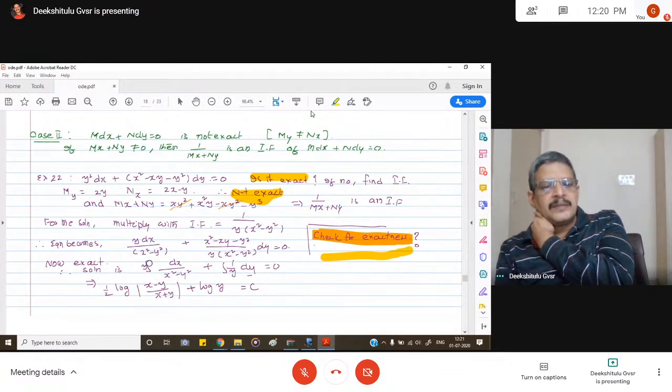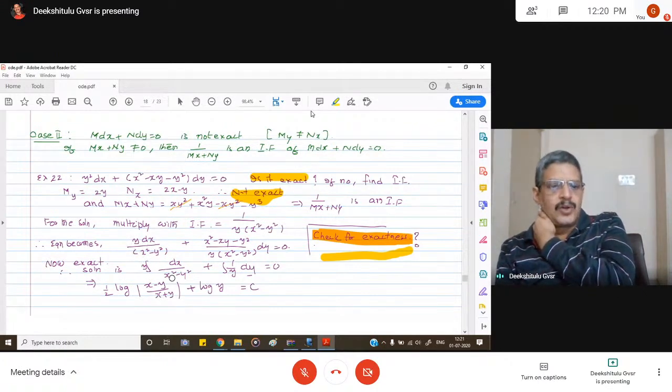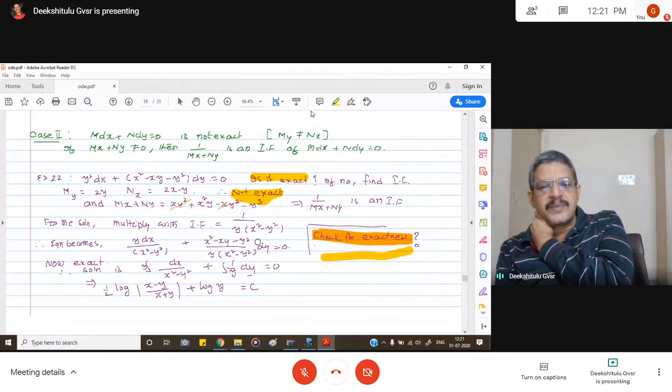Now the same method: integral of M dx assuming y as constant, because y is treated as constant, I have taken this y out. So integral of dx by x square minus y square, plus terms independent of x in N. If you take this and this, x square minus xy minus y square by y into (x square minus y square).